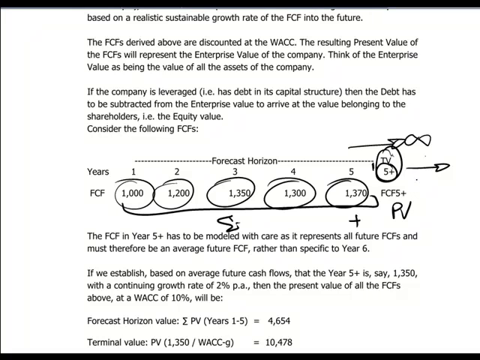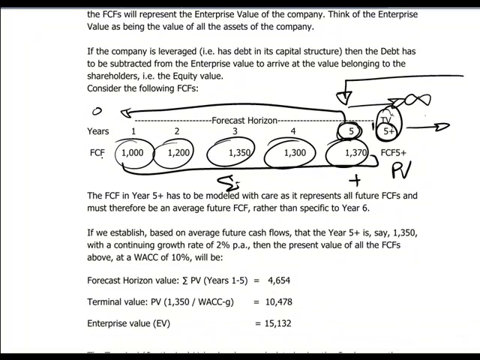Now, we have to be careful to do the discounting correctly, because any perpetuity, even if it's a growing perpetuity, will have a present value which corresponds back to the last year of our forecast horizon, and therefore any number which corresponds to year 5 has itself to be discounted back to year 0. So we have truly all free cash flows properly converted to year 0 or present values, so that we can determine the value of the company.